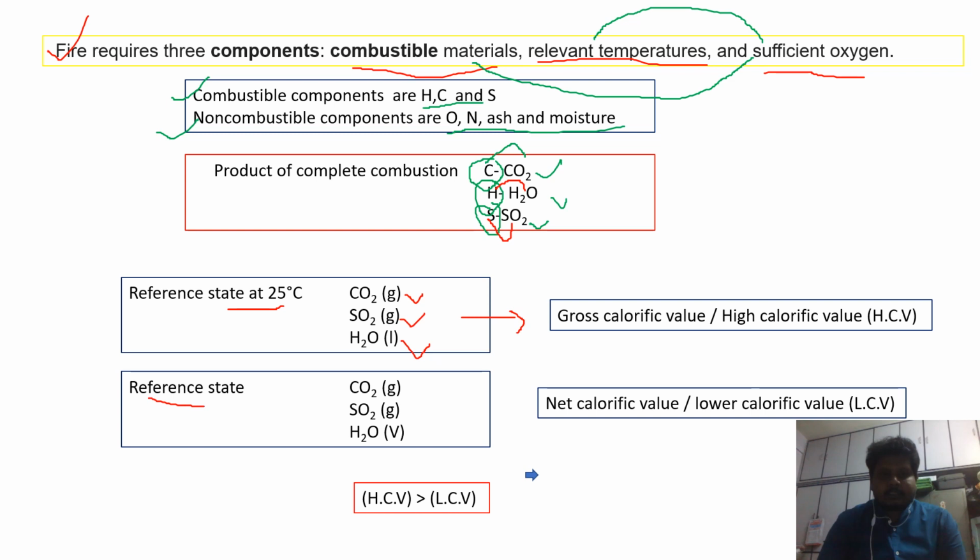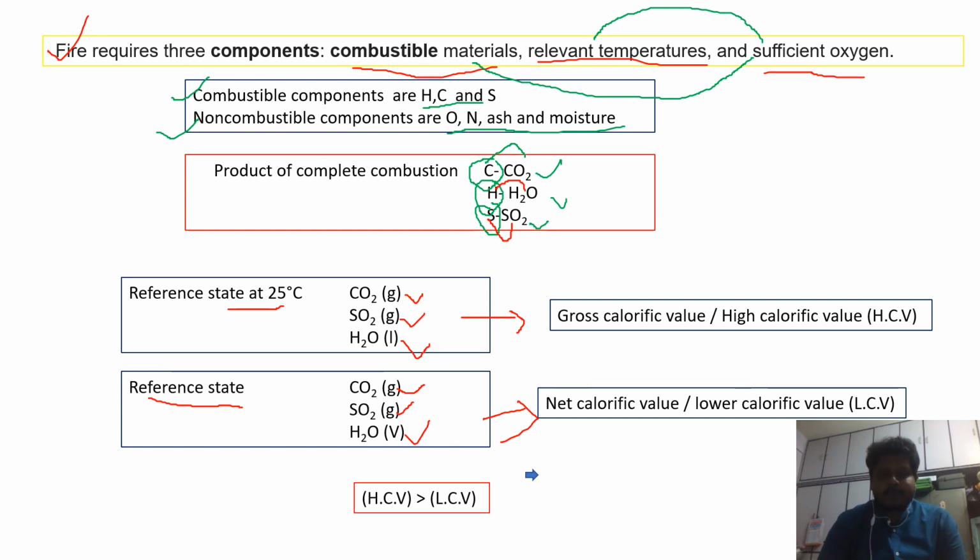If you take some other state at some other temperature, at that temperature it may have CO2 in gaseous state, SO2 in gaseous state, and H2O in vapor state, which is known as net calorific value or lower calorific value.